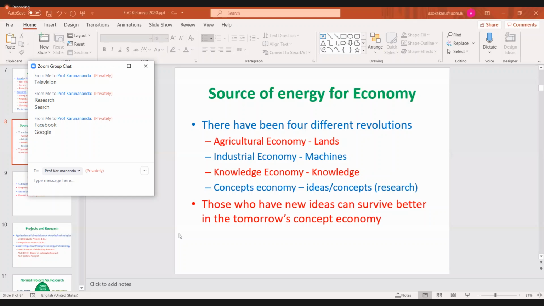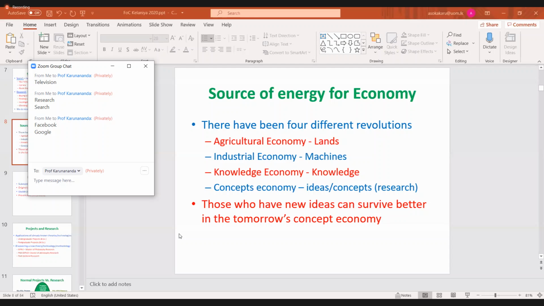Remember, you are computer science students learning research methods. The World Wide Web was Tim Berners-Lee's idea. So you should be eager to come up with new ideas.